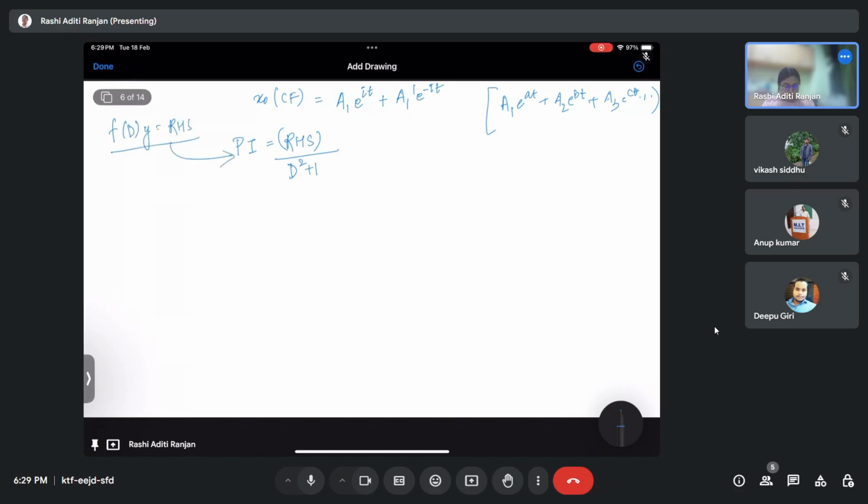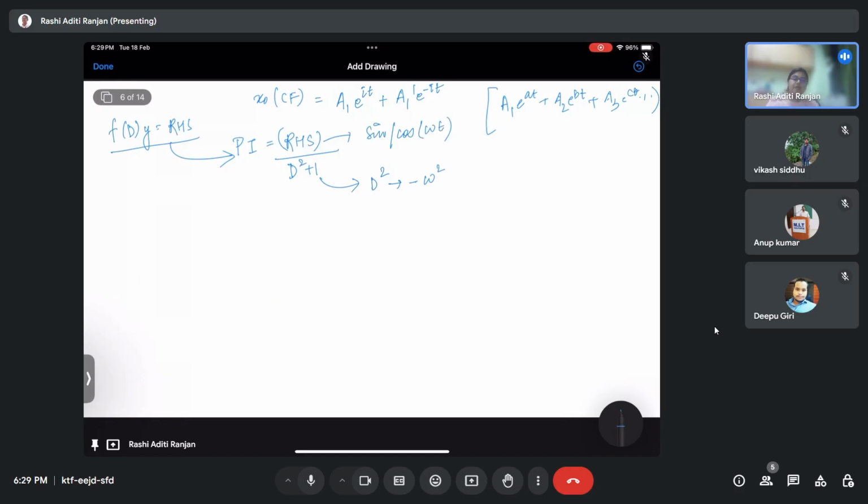For this, the particular integral is of this form, and if my RHS is sine or cos, then we replace d square by minus omega square. If my RHS is of the form sine of omega t or cos of omega t, I replace d square by minus omega square.